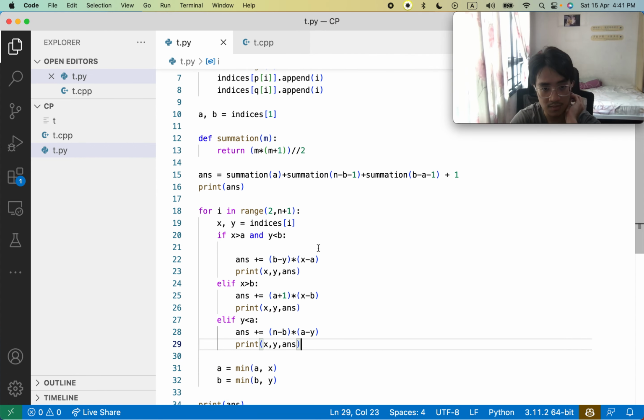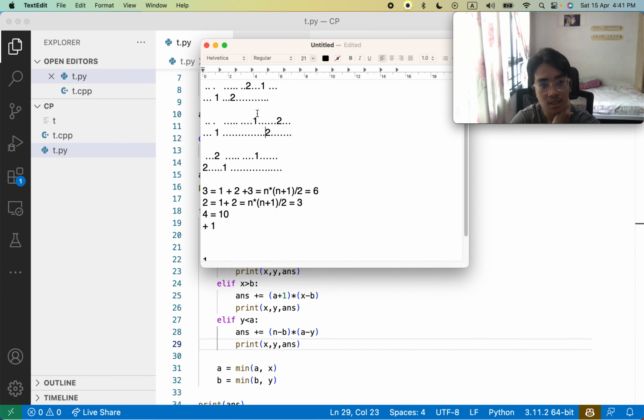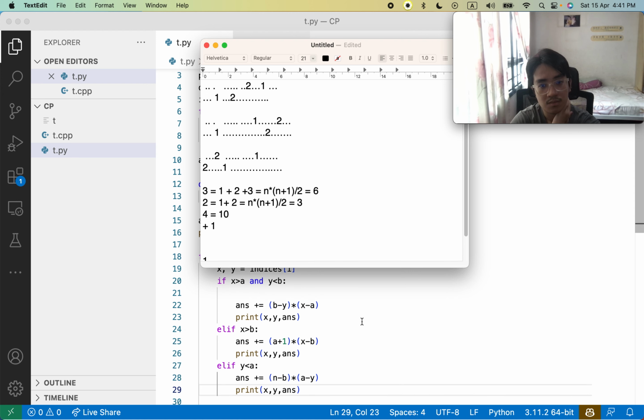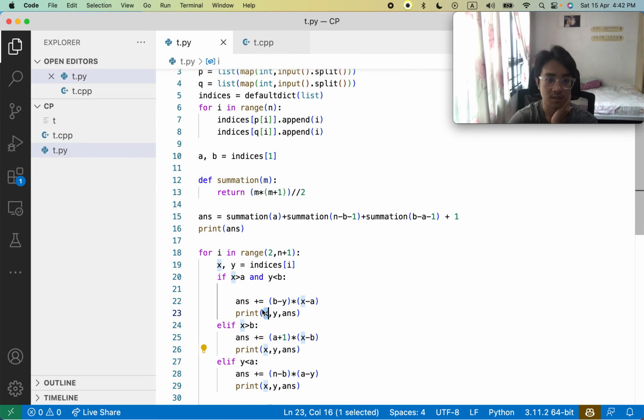These values here, x is greater than b. Okay, so x is greater than b, a plus 1. Hang on a second. Okay, let's just confirm it's here.